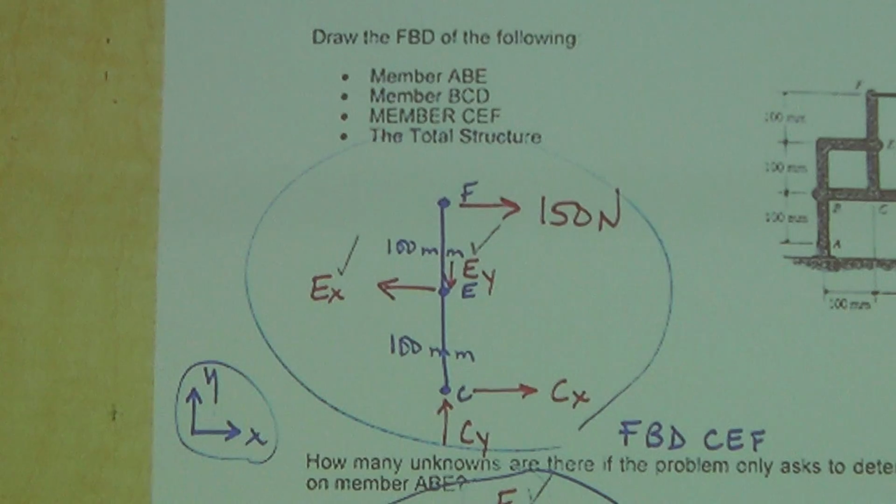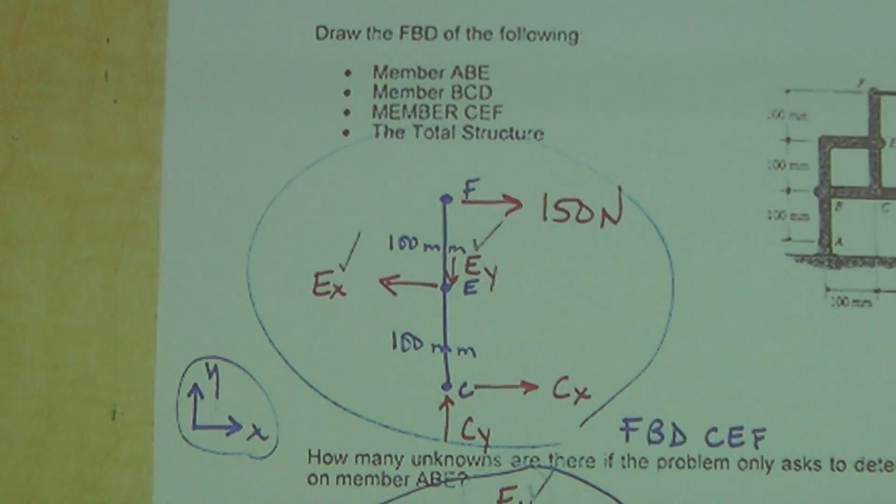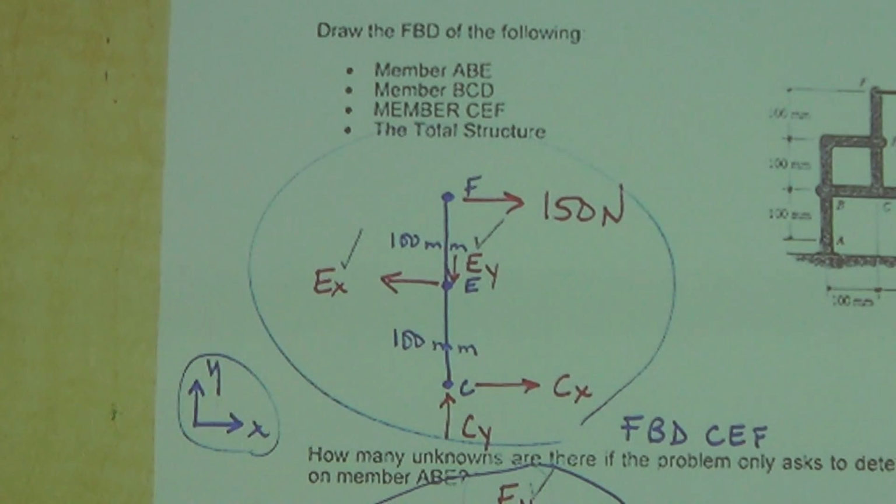Wait, hang on. Sum of the moments about A or E. Right, but could we do an easier equation? I always like force equations. I think they're easier than moments. So sum of the forces in the Y gives us BY, and we find BX.